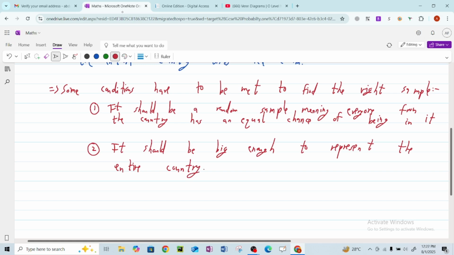So you cannot take, let's say, 10 people from the entire country and say, okay, now this is the representation of the entire country. No, because that's too little. You have to take, let's say 10,000, 100,000, because in a country you have millions of people. So that's why you have to take the ratio according to that.